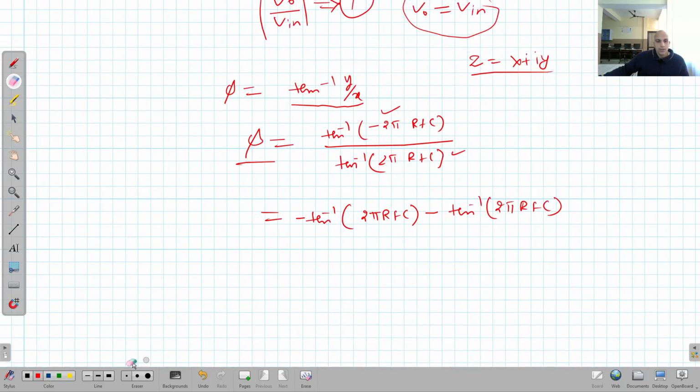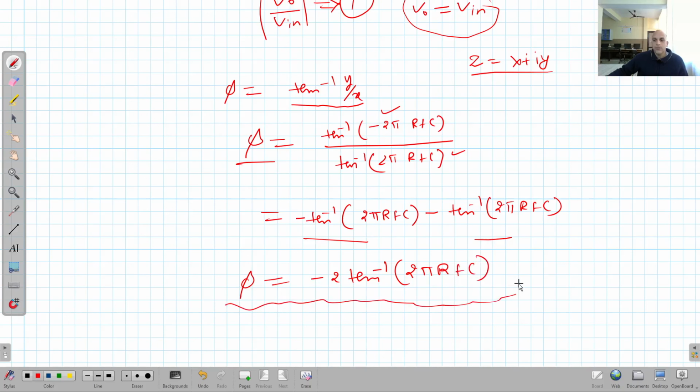Clear? So in the next step, you can have this equation. When you simplify it, you get phi is equal to minus 2 tan inverse of 2 pi RFC. So this is the phase angle, clear, the phase difference that is induced between the input and output.